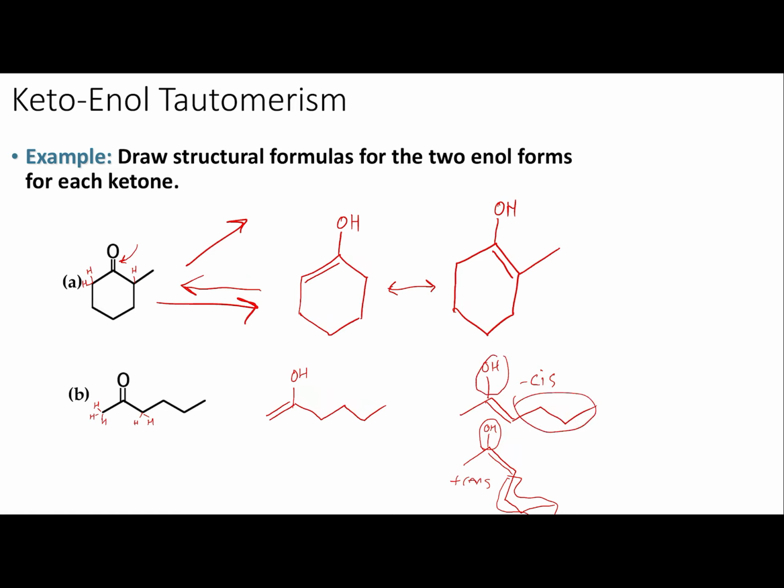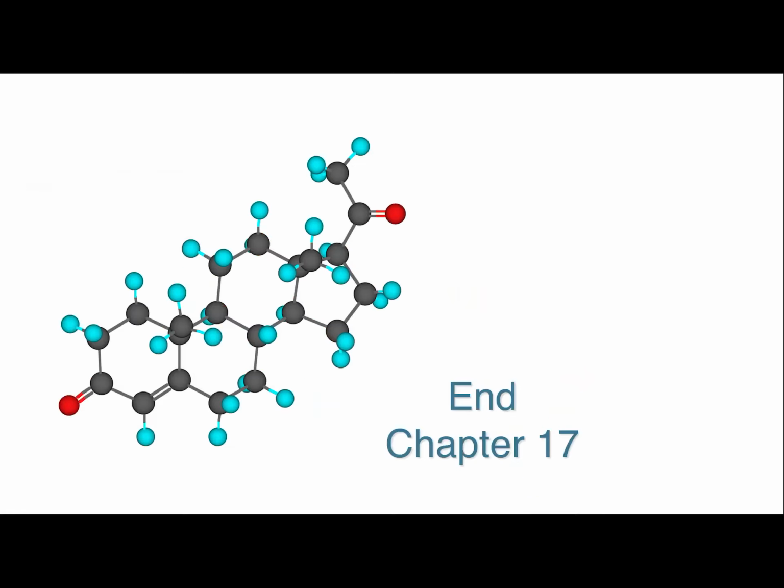Here they're on the same side of the double bond. We don't have to draw them both out, but cis and trans isomers are possible for that enol. So that's keto-enol tautomerism, and the end of the chapter.